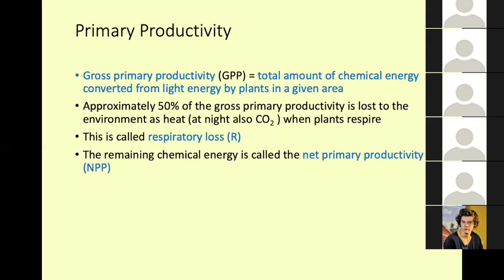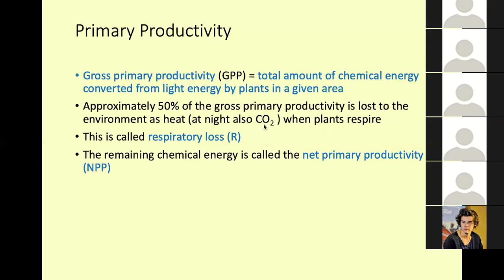But even when they have absorbed and carried out photosynthesis and made glucose, some of that will be lost, and that is because plants respire night and day. Okay, and when you respire, that's a chemical reaction that's exothermic, gives out heat, and that heat is lost to the environment. And so that energy is not available to the next trophic level.